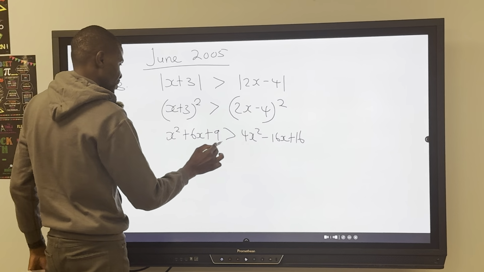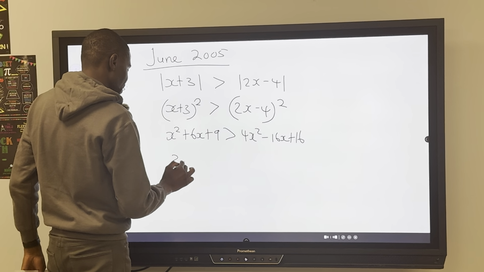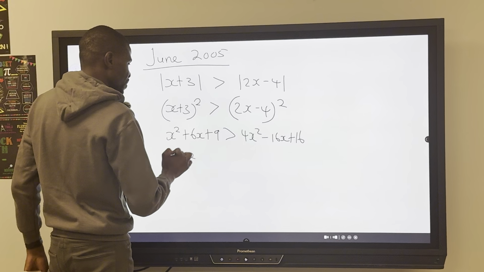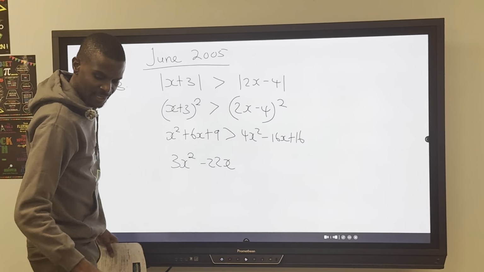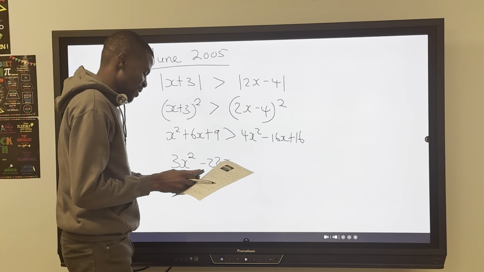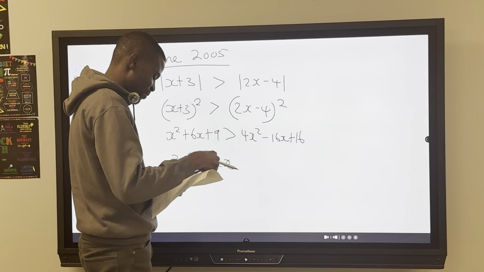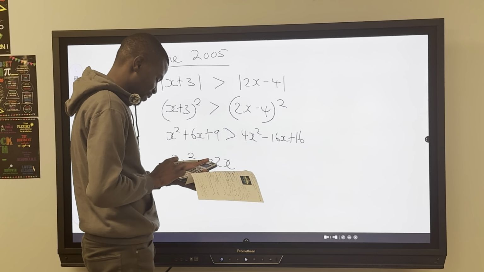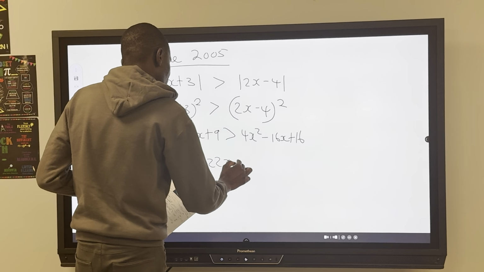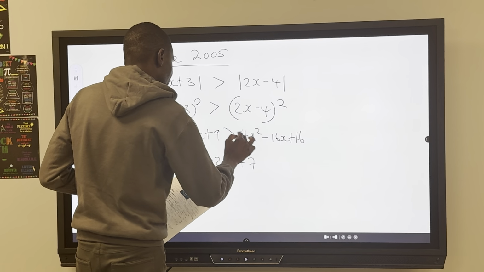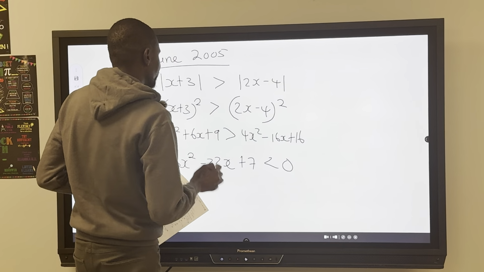And so it's 4x squared minus that, that's 3x squared, negative 16 minus that, minus 22x, 16 minus 9 should be 7, if not mistaken. Okay, 16 minus 9, that's 7. So plus 7, it's less than 0, right?